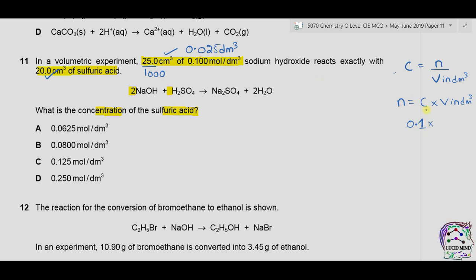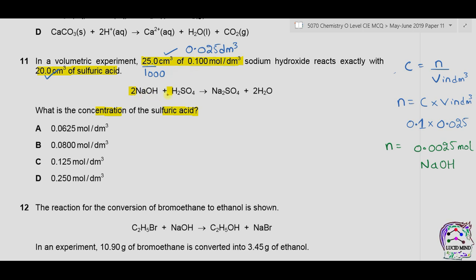Volume is 0.025 dm³. Now number of moles comes out equal to 0.0025 moles. This is the moles of sodium hydroxide that are present in this volume and in this concentration.